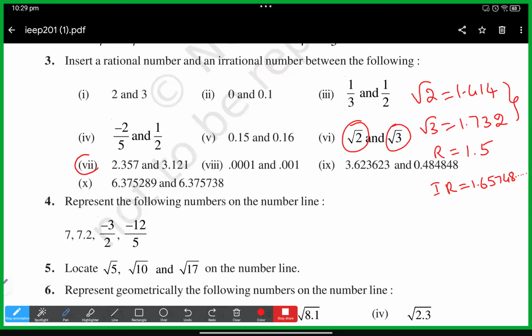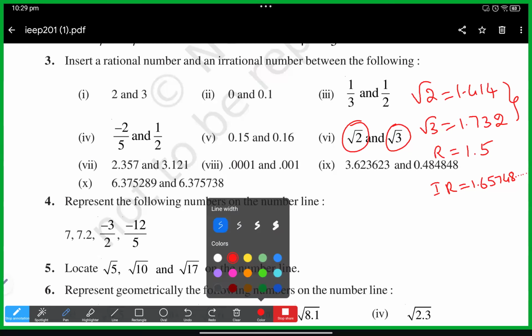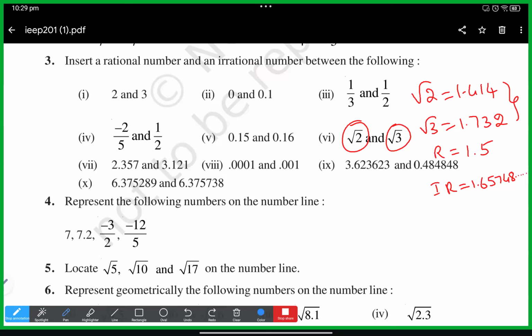So Pranavi, the 7th. Yes, sir. So for the rational number, we can take 2.3, no, 2.4 or 2.5.